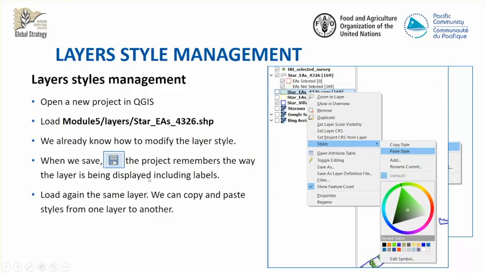So we already know how to change the style of the layer. This is something I explained on the second day: when we save a project, it saves the style of the layer.